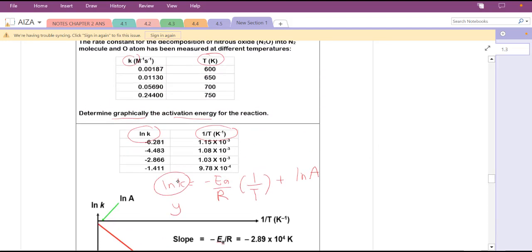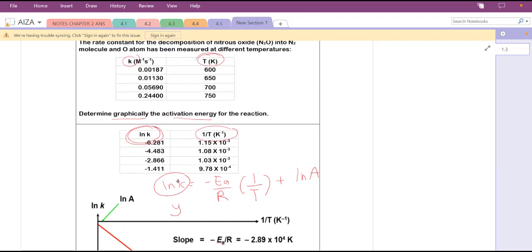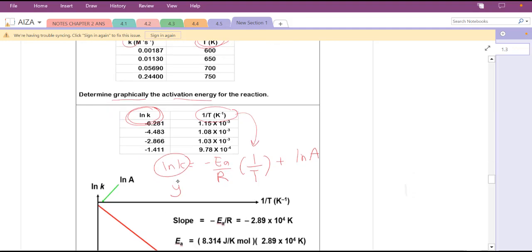Given k here, you take ln of the value, so you will get negative values. Here you have temperature already in unit Kelvin, so no need to change anything. You just need to calculate 1 over T.